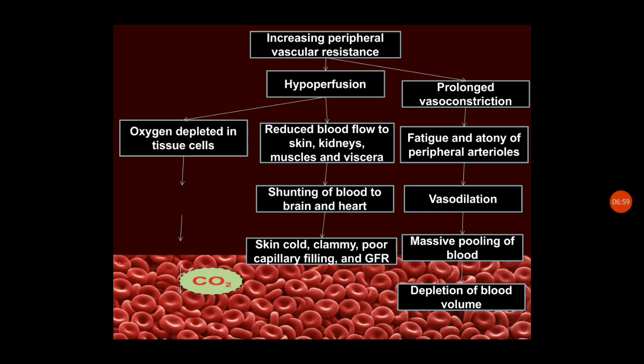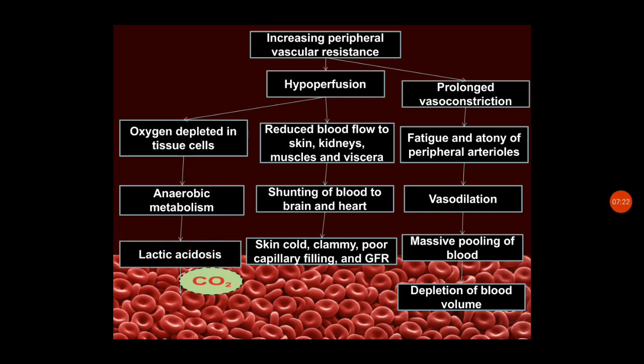Again, because of this hypoperfusion, oxygen is depleted in the tissue cells like kidney, skin, muscles, viscera, and GIT. These cells get hypoperfused, leading to decreased oxygen in different tissue cells. So anaerobic metabolism will be initiated, leading to lactic acidosis.